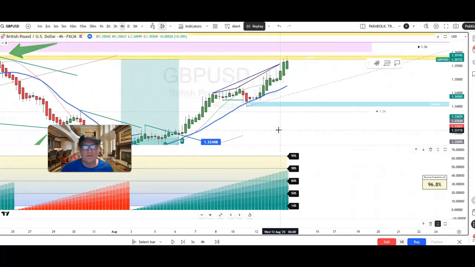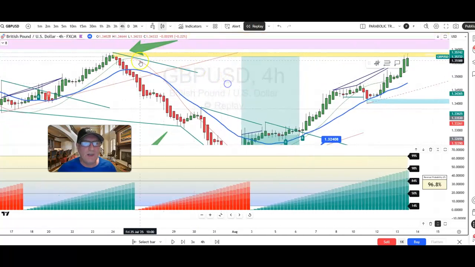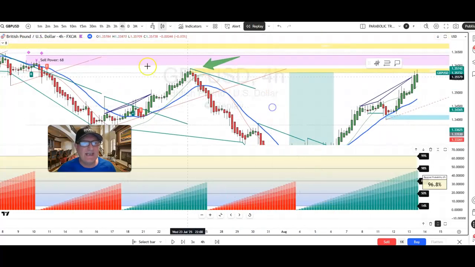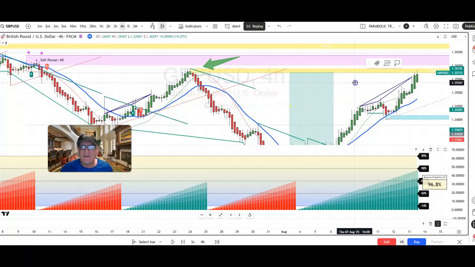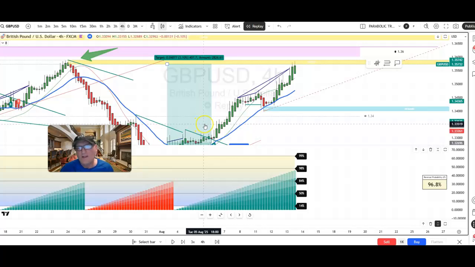Now, of course, if it's coming into this area here, which is the sell zone, supply, plus we have a power of 68 here as well, then you might think, well, I'm going to take it out now anyway, which makes a lot of sense, because we are now looking for a reversal to the other side.